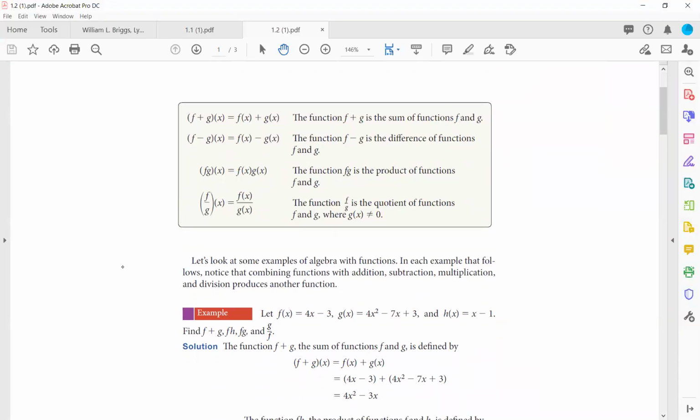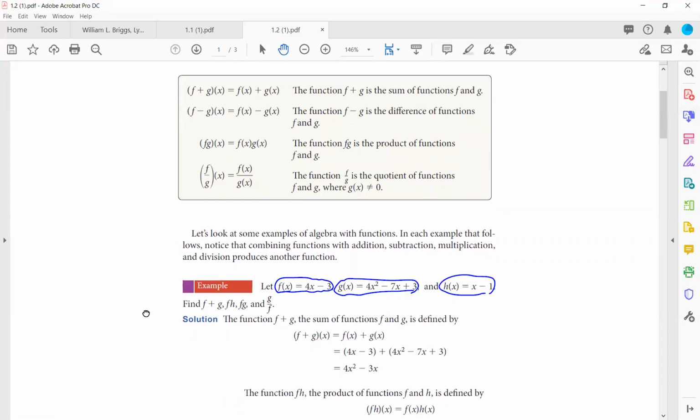Suppose you have a linear function, 4x minus 3. The second function is a quadratic function, 4x squared minus 7x plus 3. The third function, again, a linear function.